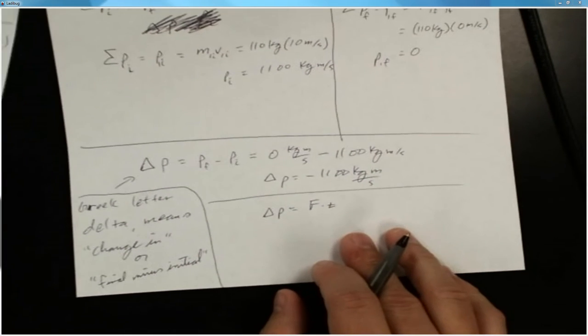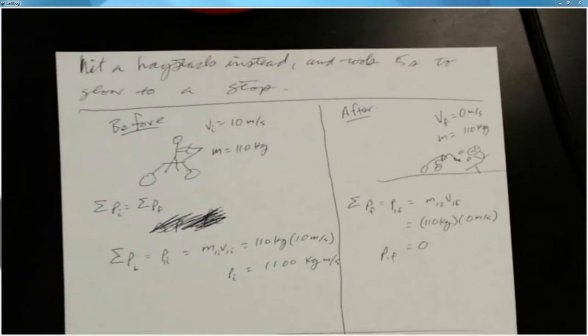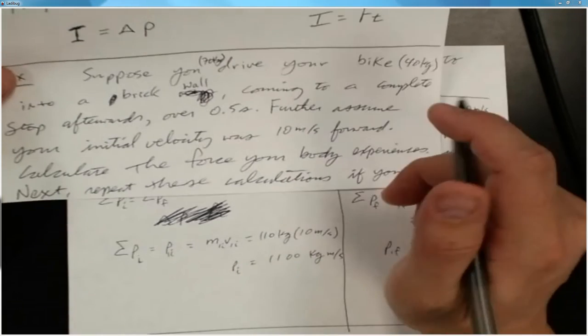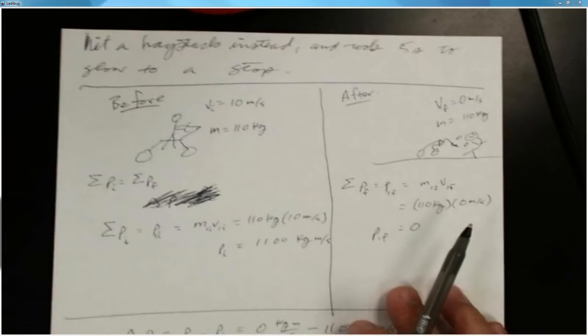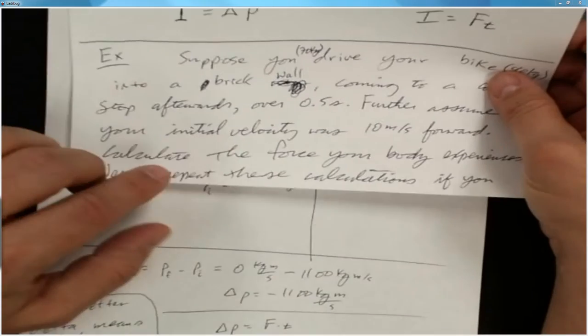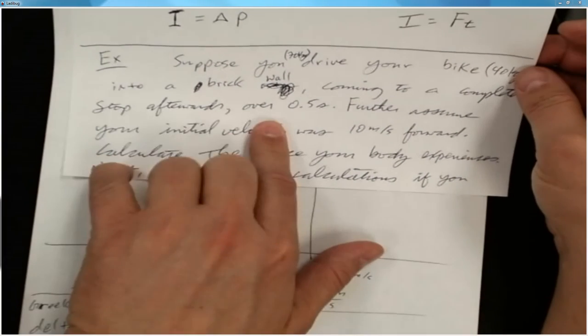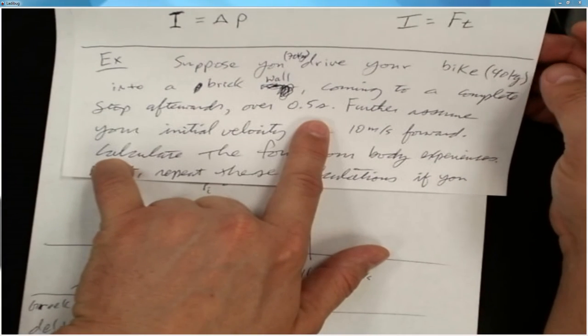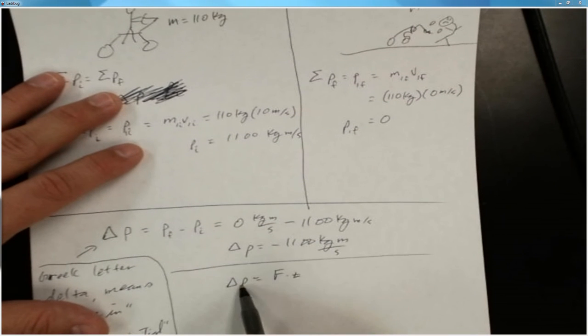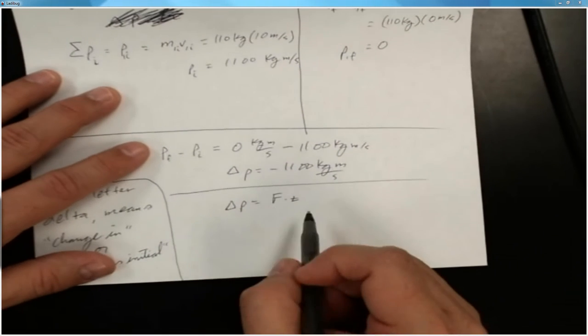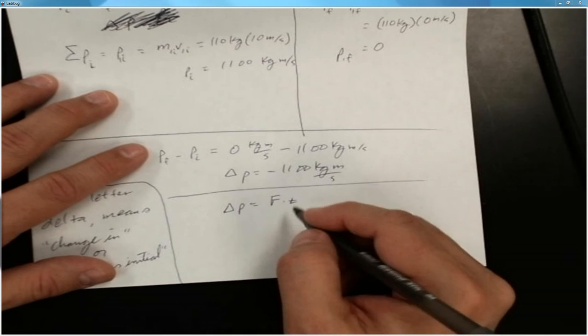And my question asked me to calculate the force your body experiences. And it further told me that you came to a complete stop over half a second. So now I know the change in momentum, I know the time, so I need to just find the force, because that's what I was asked to do.